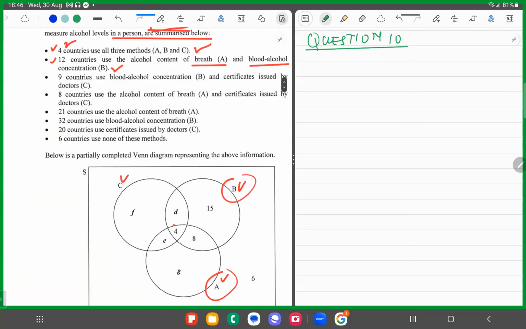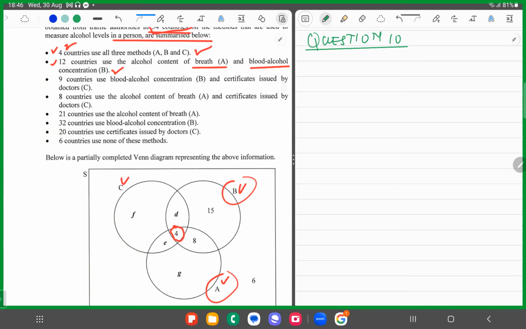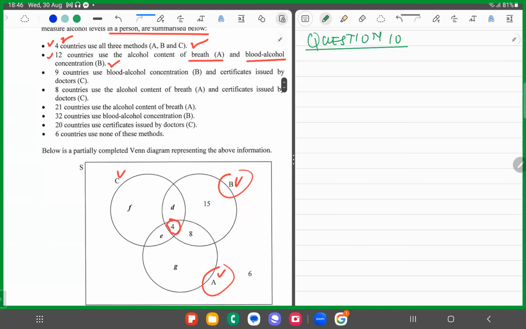You can see there that the 4 countries are using every single method. But 12 countries use the alcohol content of breath A and blood alcohol concentration B.